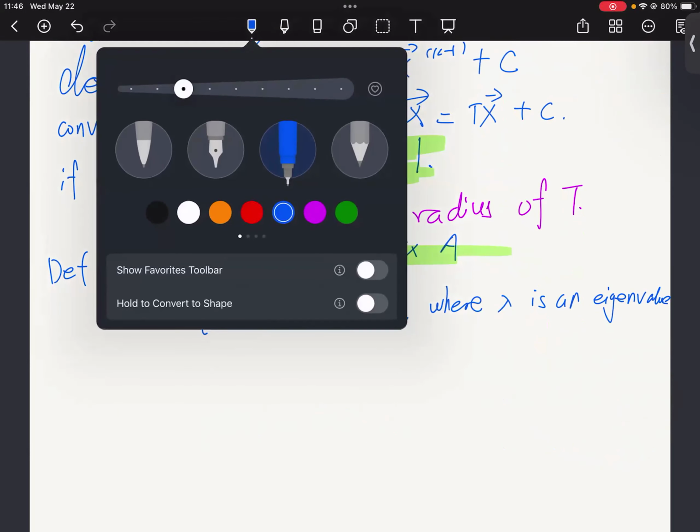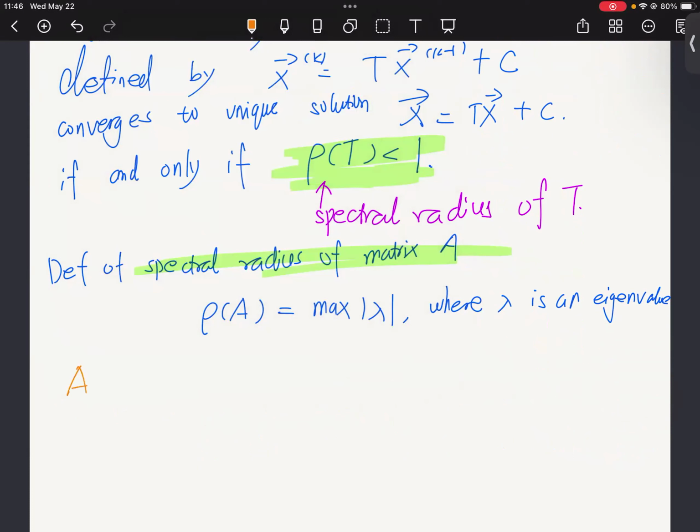So for example, A is an n by n matrix. Let's also count the repeated eigenvalues, and then you would have n eigenvalues: lambda 1, lambda 2, up to lambda n.